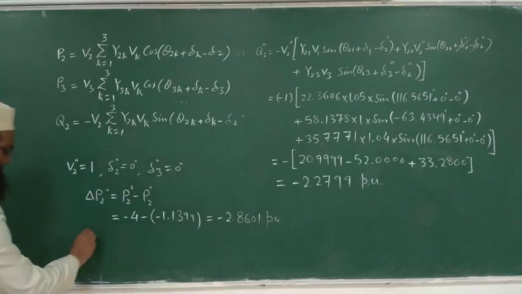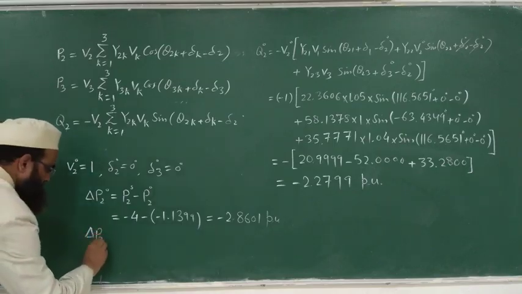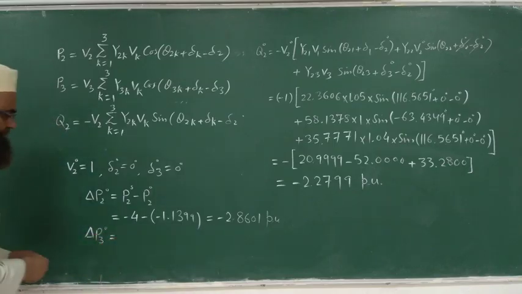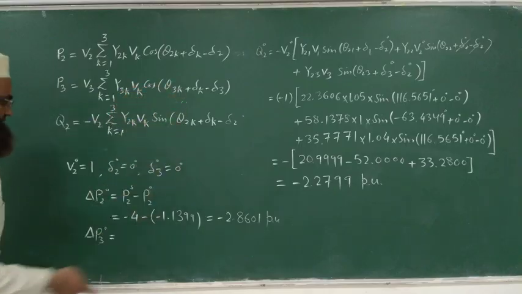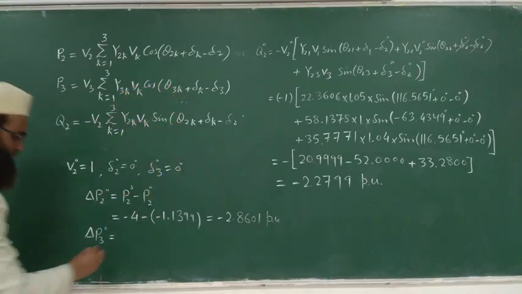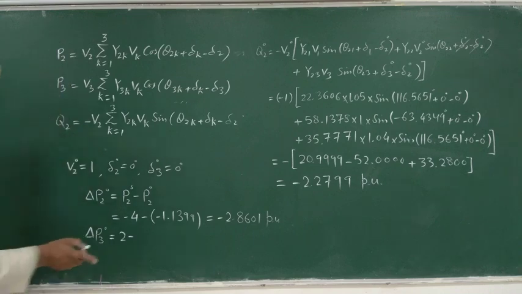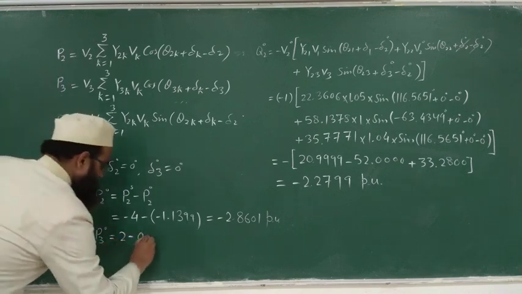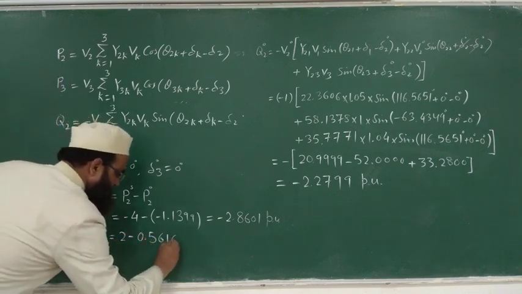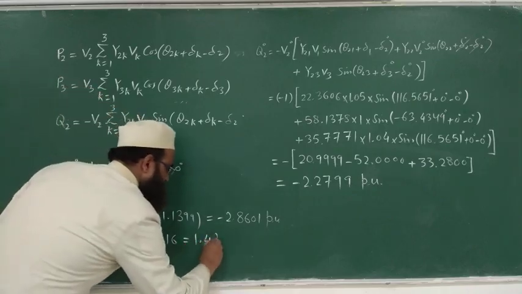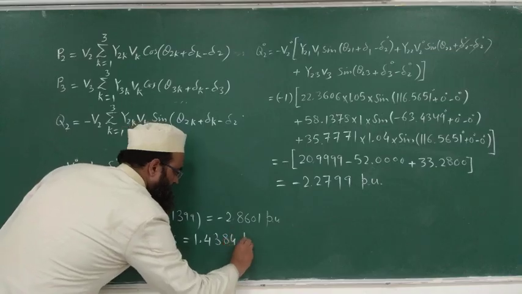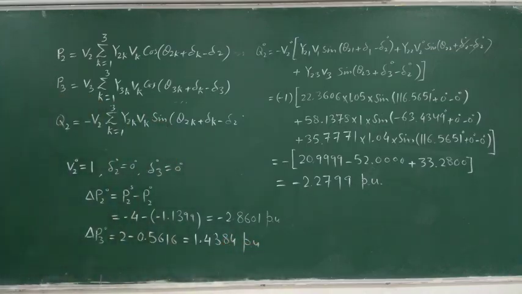Similarly, evaluate del P30, which will be P3 specified minus P30 calculated. So what was P3 specified? 2 per unit minus 0.5616, which is coming out to be 1.4384 per unit.